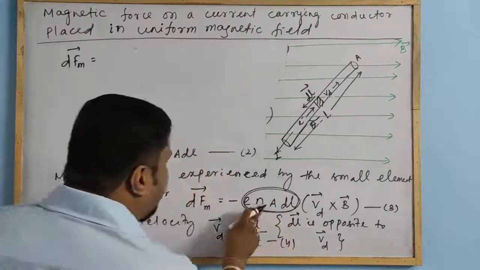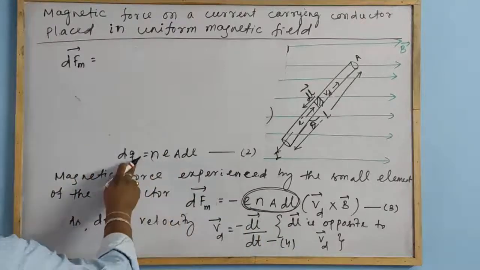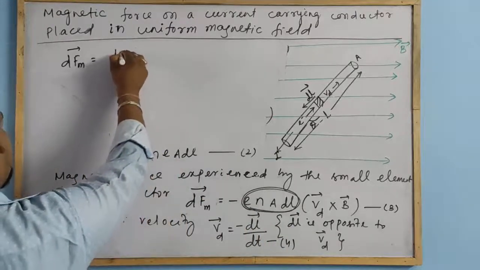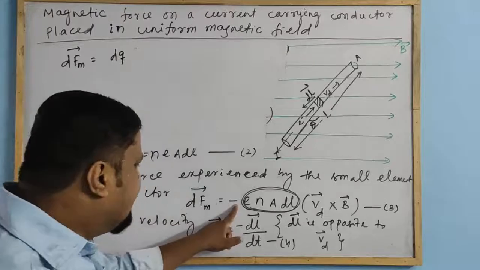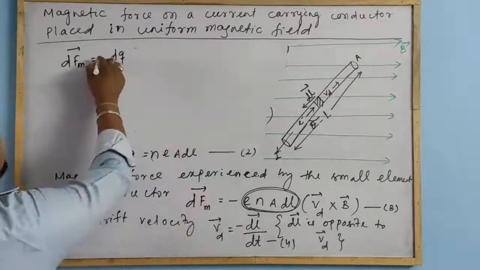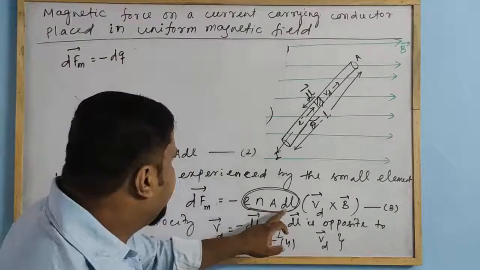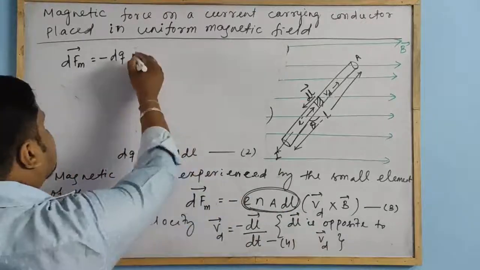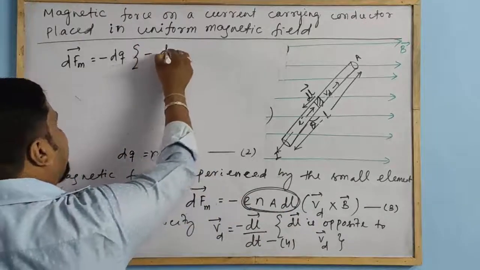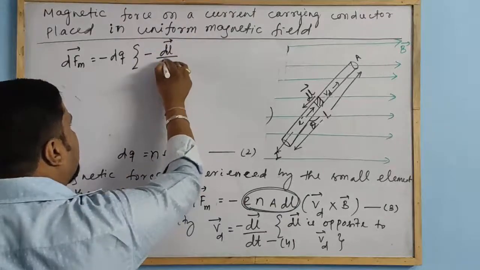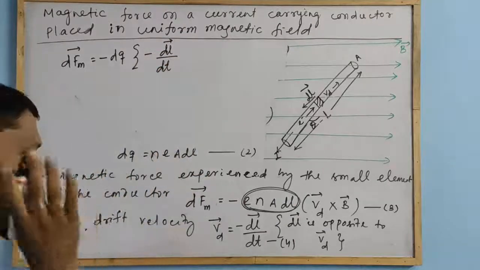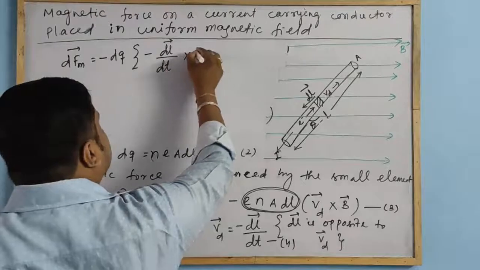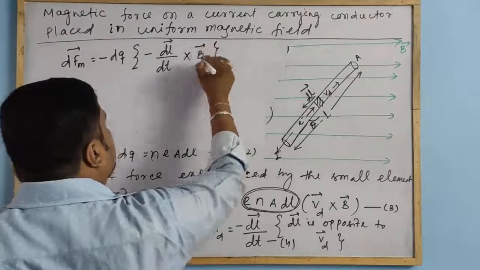Where is this N a e dl? This one. What is this N a e dl? dq. So I can write dq. Obviously the minus sign is there. Minus N a e dl, according to equation 2. What is vd? That is minus dl by dt. And what is that B? B as it is B. Clear?